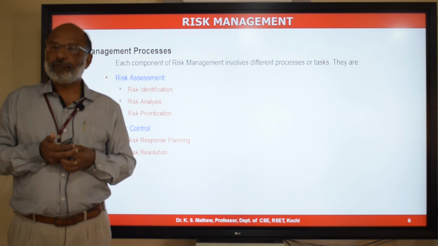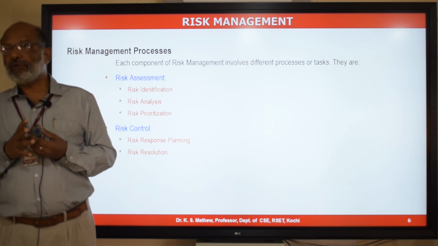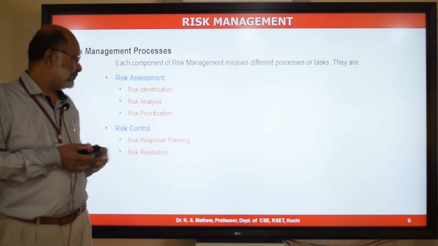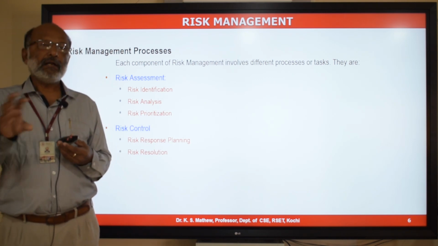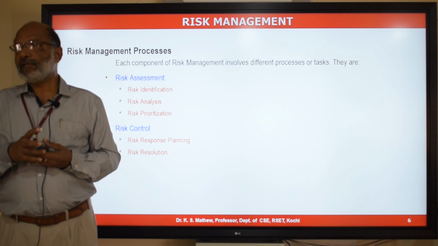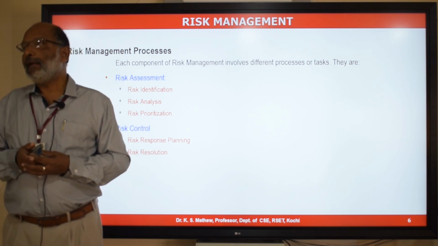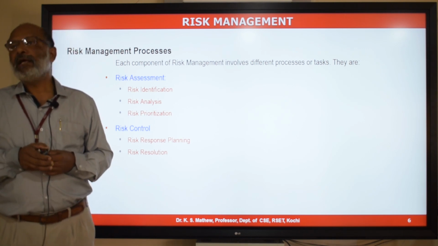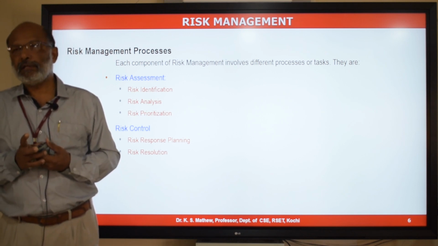And then as part of your project status and progress monitoring, we will be looking for the symptoms of the risk occurring in the project and initiate actions which you have planned as part of risk response planning by the risk owner. There will be a risk owner identified for every risk as part of risk identification as well as risk response planning, and that person is responsible for initiating the actions planned whenever he or she sees a symptom of the risk going to happen in the project.